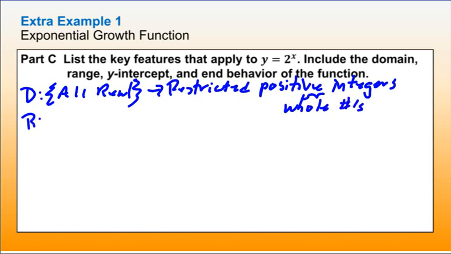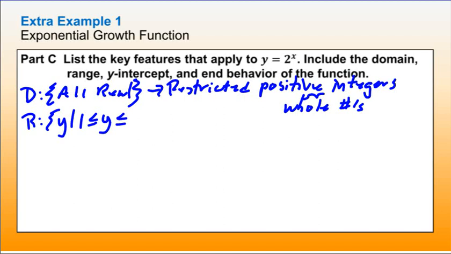The range for this one is going to be y such that y is greater than or equal to 1, because you start off with 1 grain of rice. But since it's dealing with the month of September, there are 30 days in September.